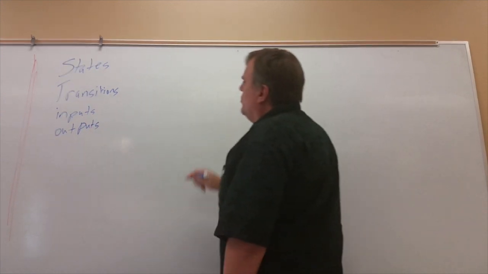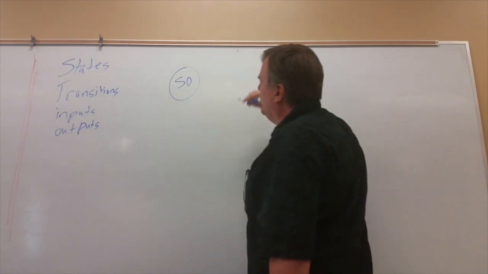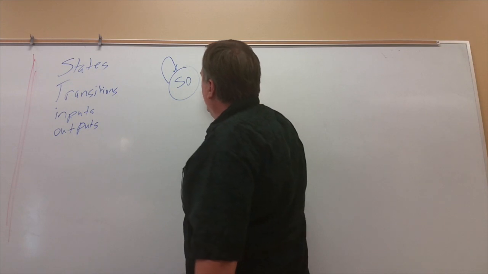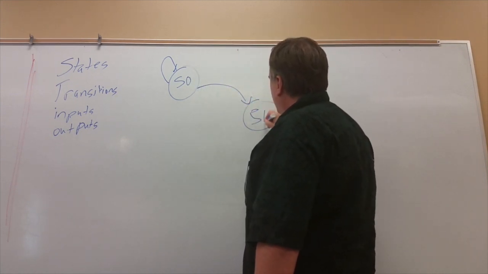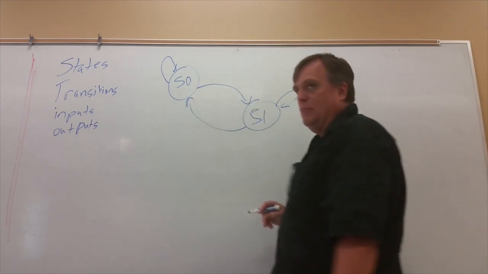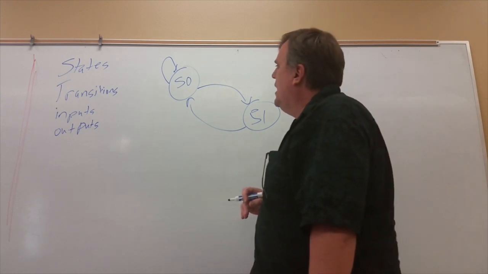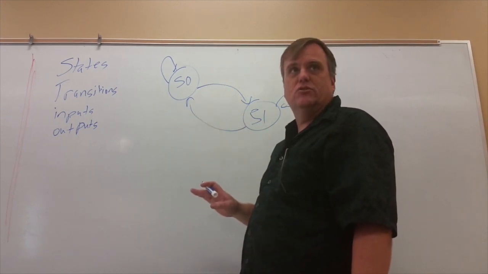So the classic one would look like this, where I've got, let's say for instance, state 0, and I've got arrows that talk about where am I going, let's say state 1 is some transition, and back, right? So, now, the inputs go on the transitions.